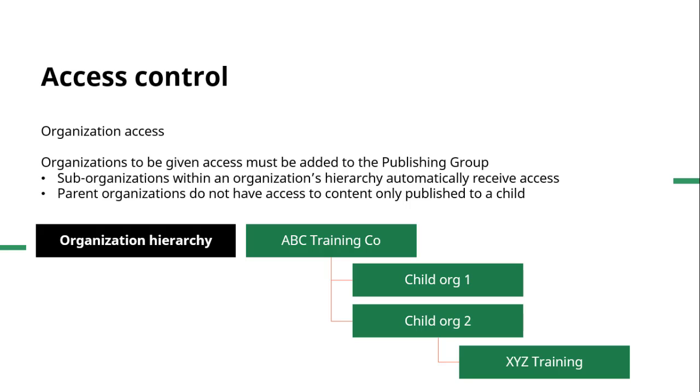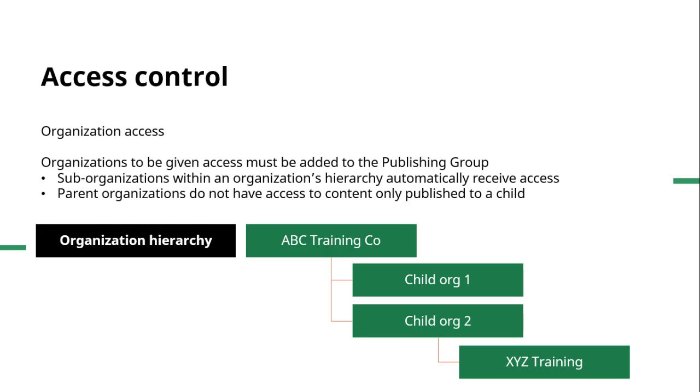If ABC Training Company is a parent of all of these different organizations, if I add ABC Training as a published organization on a publishing group, all of the other organizations under it will also receive access. But if I, for instance, give access only to Child Org 1, neither the parent nor the sibling organization will have access. Only Child Org 1 would have access to that published content.